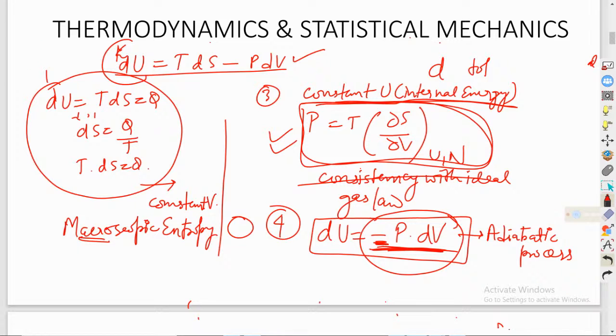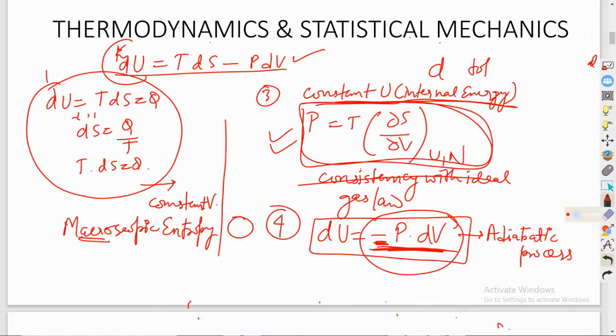Now, the last equation. I hope all four equations are clear to you, and you can use either partial differential equation or the complete differential equation. It can be obtained very easily.